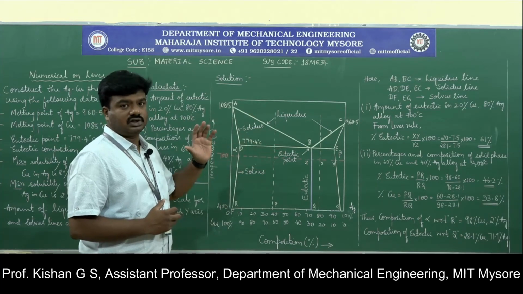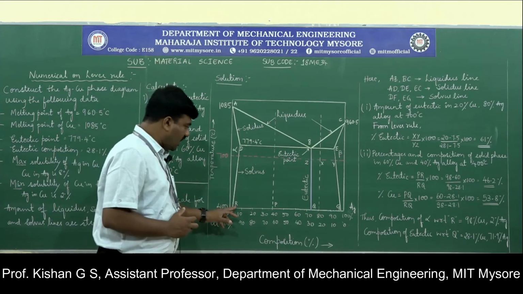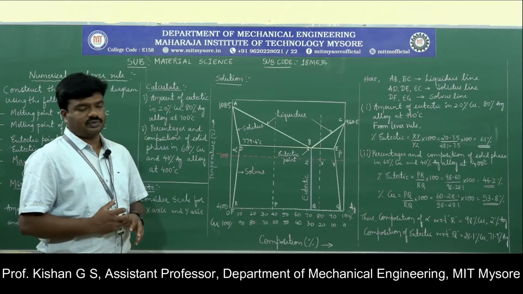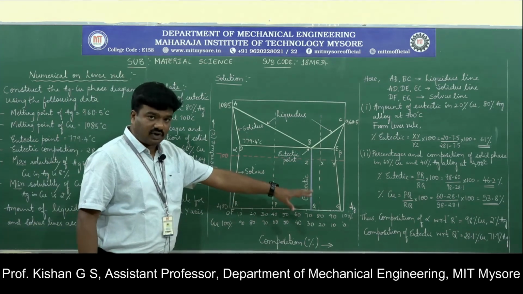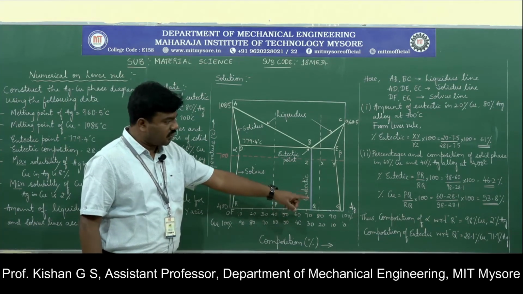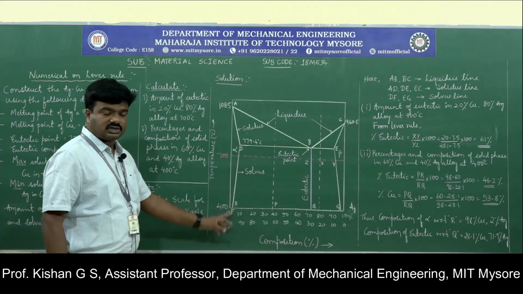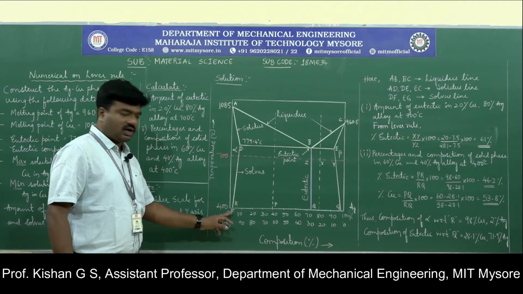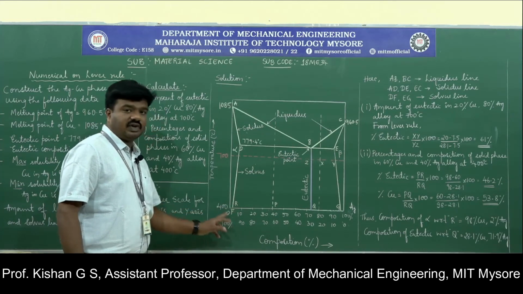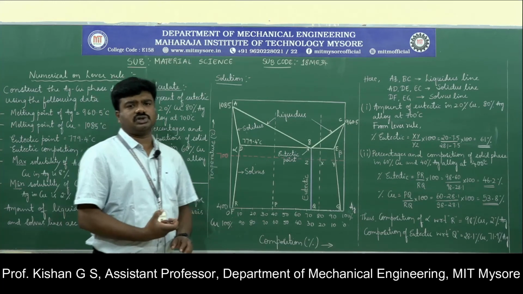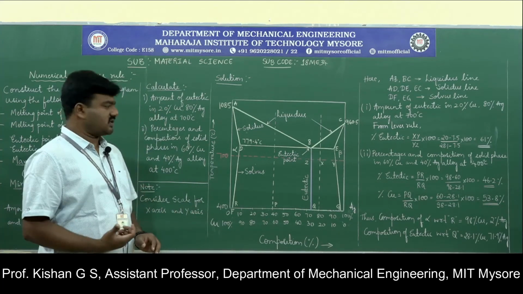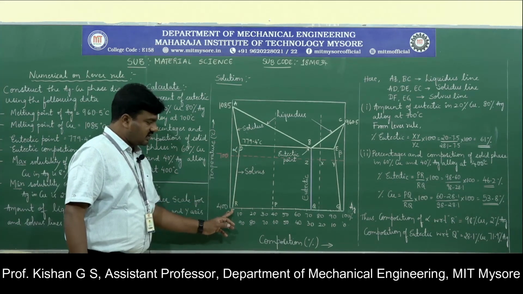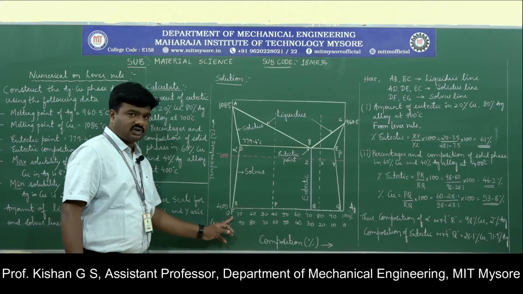Now comes the composition. With respect to R and with respect to Q, we have to identify the composition. So the composition of alpha corresponding to point R is what? It is 98% of copper and 2% of silver. The composition of minimum solubility leads to the composition of alpha, that is, alpha is at 98% of copper and 2% of silver.